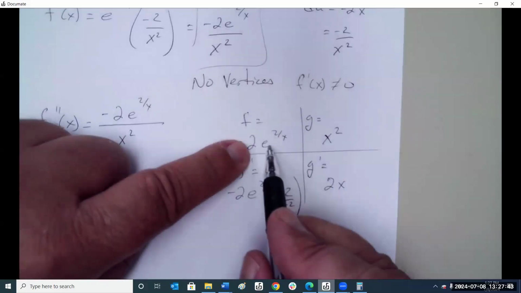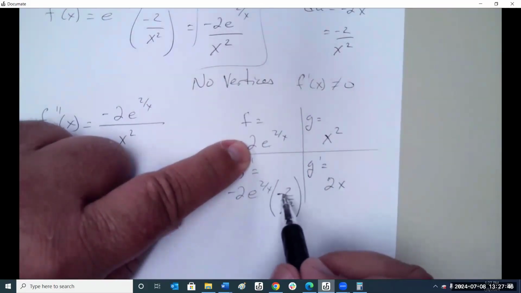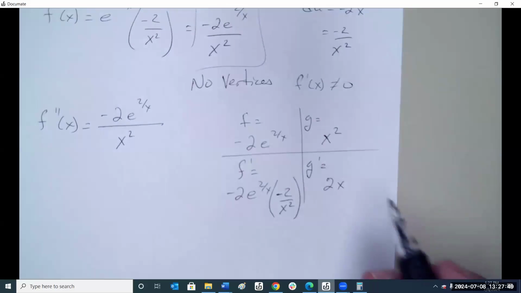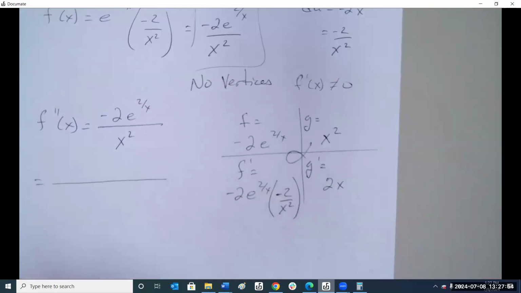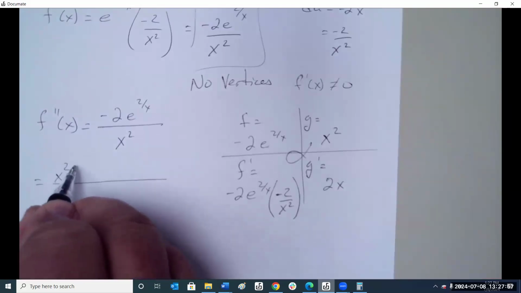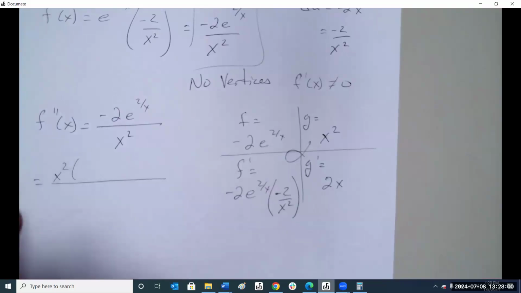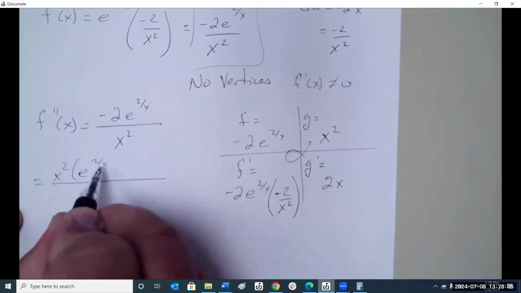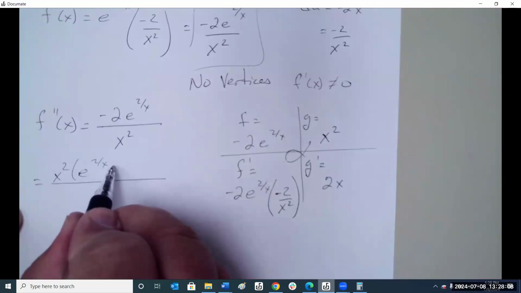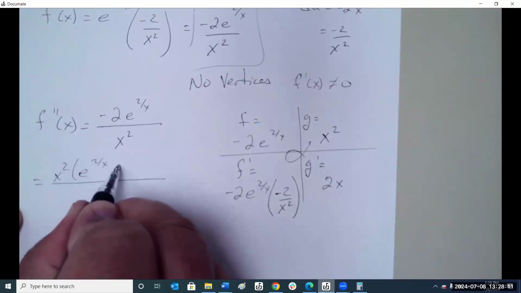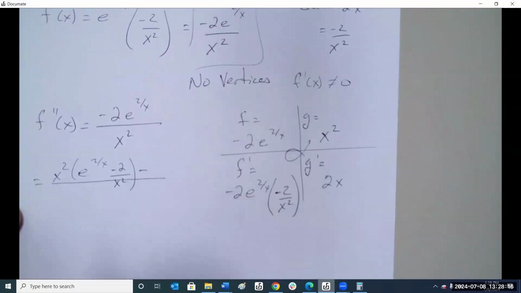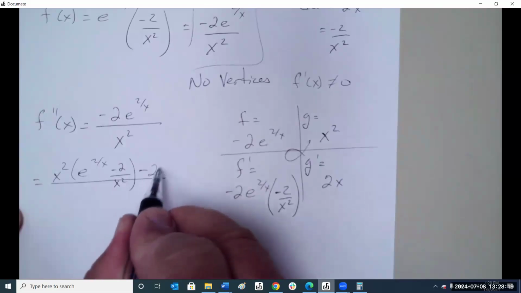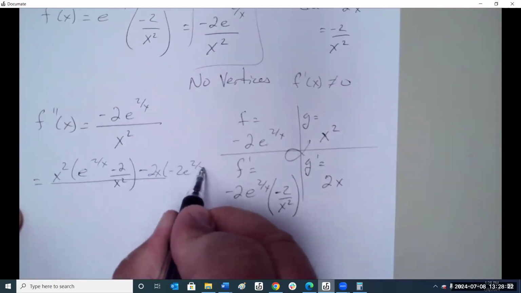So the derivative of e to the 2 over x is e to the 2 over x times -2 over x squared. It's the same as the top one. So we have x squared times e to the 2 over x times -2 over x squared, minus 2x times -2e to the 2 over x.